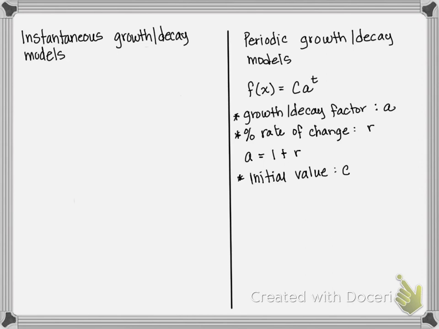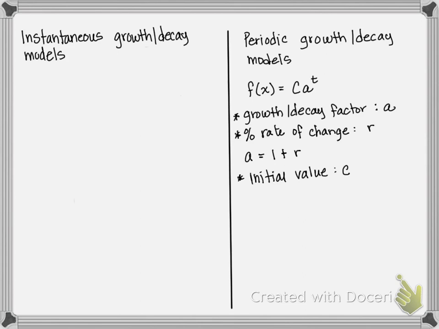So just like we talked about with interest yesterday, with these instantaneous growth and decay models, it's just what happens when we take a periodic growth or decay model and make the period of time at which the change occurs smaller and smaller and smaller, right? So yesterday when we did that half-life problem, we took the period of the decay from 24 years down to 1 year.